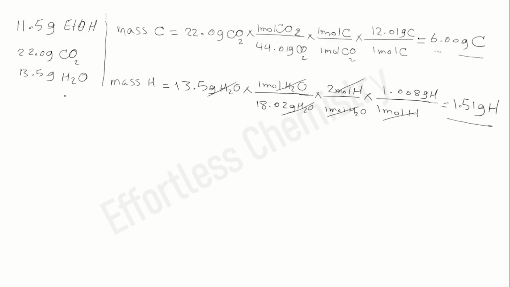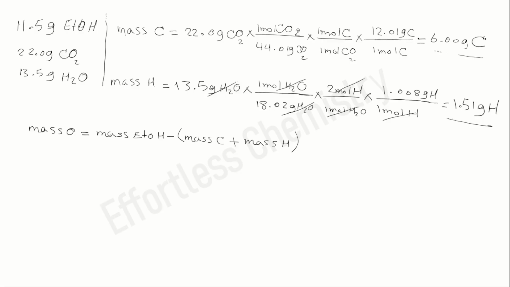If we want to find the mass of oxygen, we can consider this: mass of oxygen equals the mass of the sample, the mass of the ethanol, minus the mass of carbon that we obtained plus the mass of hydrogen.